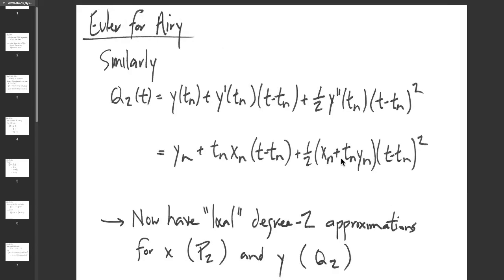So that would be xn plus tn times yn. And there we have the second degree Taylor polynomial for y. So now we have, I'm calling them local degree 2 approximations for x, and that would be p2, and y, and that would be q2. They're local because they're centered, they're most accurate right at the current time step, which we're calling tn here.